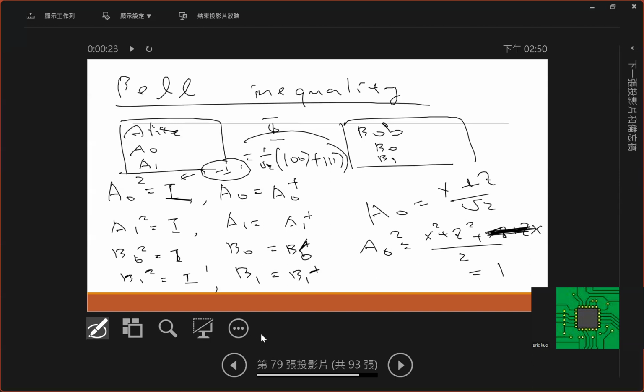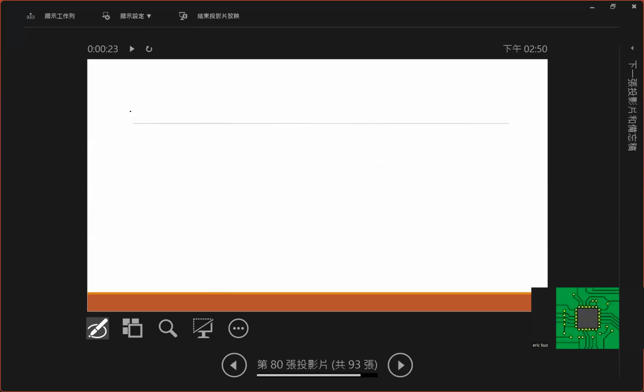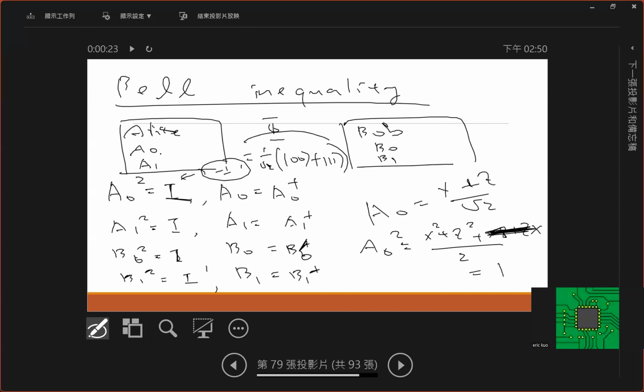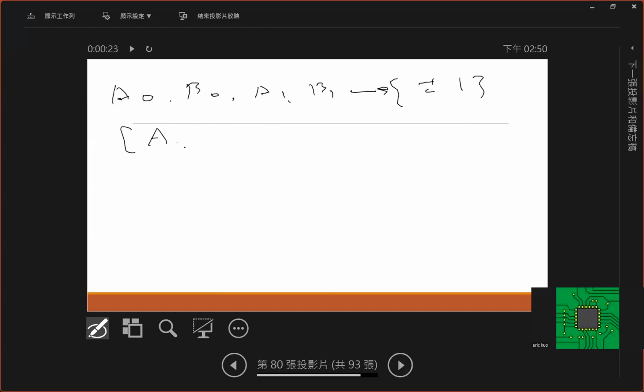So all the measurement outcomes A0, B0, A1, and B1 will always give plus or minus 1, by definition. Also, A0 and A1 are from Alice's side and B0 and B1 are from Bob's side, so there must be a simple commutation relation: Ai and Bj all commute for i equals 0 and 1, and j equals 0 and 1.